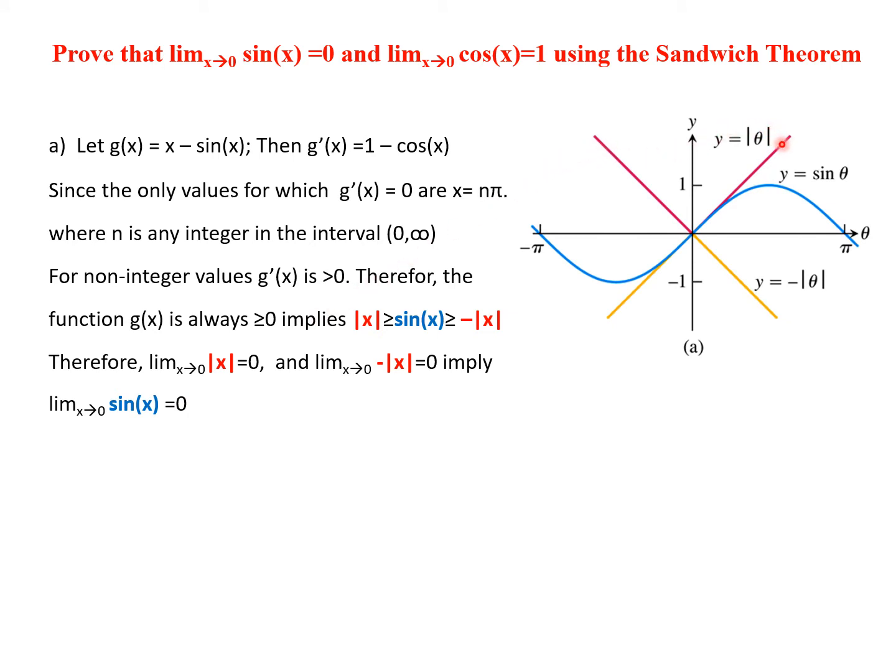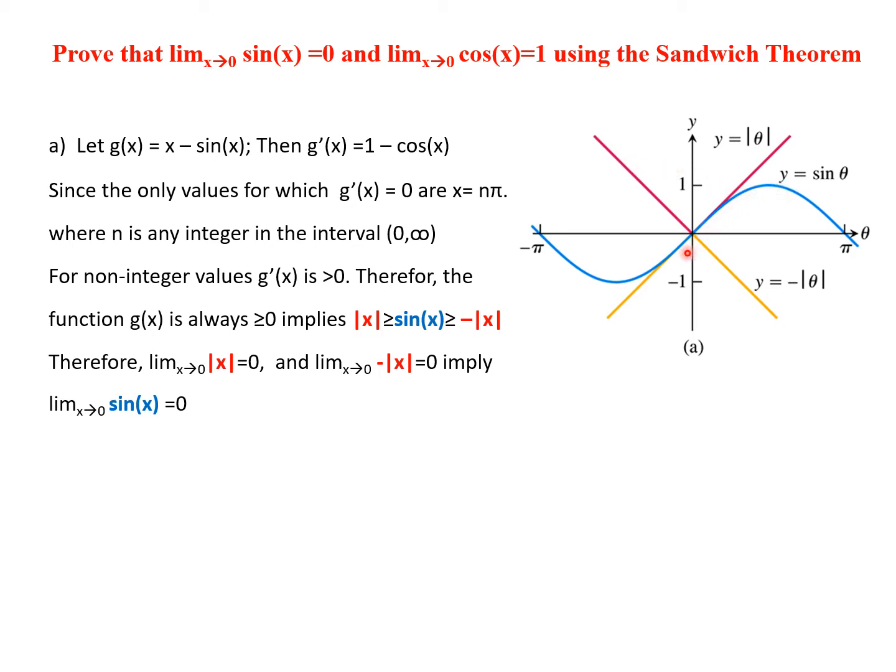Now we can see this on these three graphs. We have three graphs, one in purple, one in blue, and the other one is yellowish brown, probably. If we take a look at the top one, which is a graph of the absolute value of theta, we will see that it's always greater than the values of y equals sine theta.